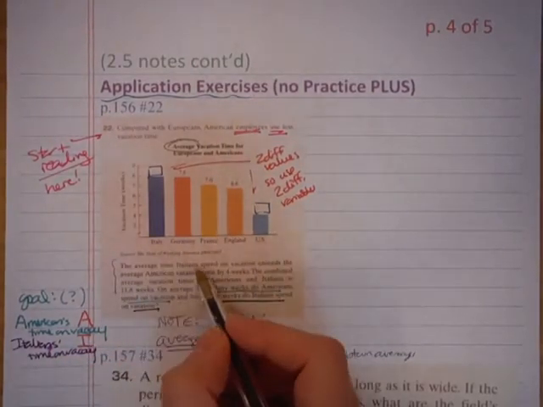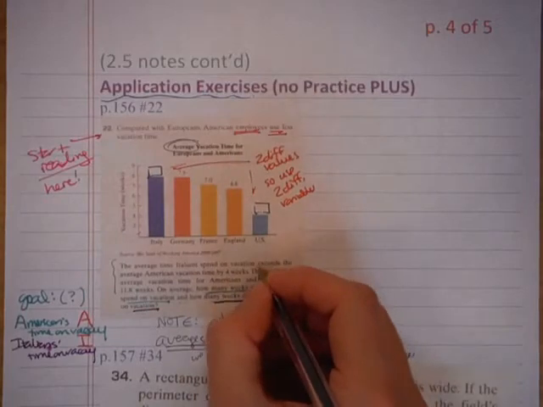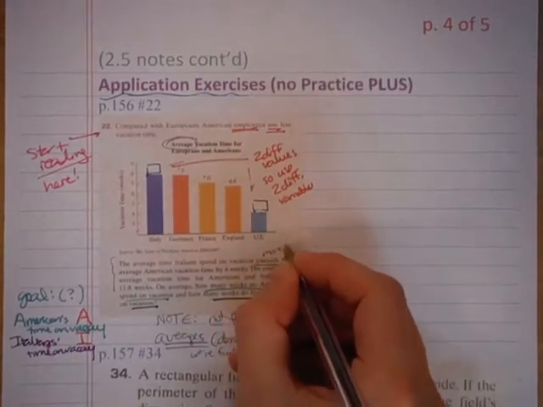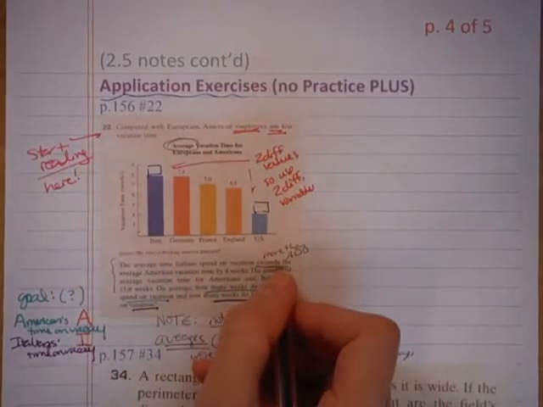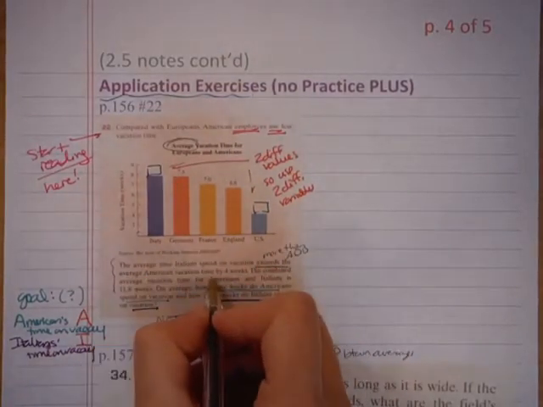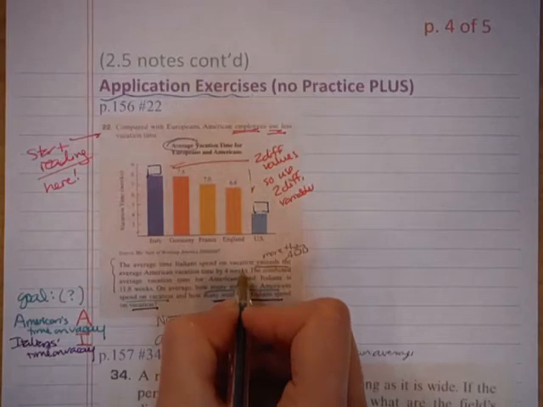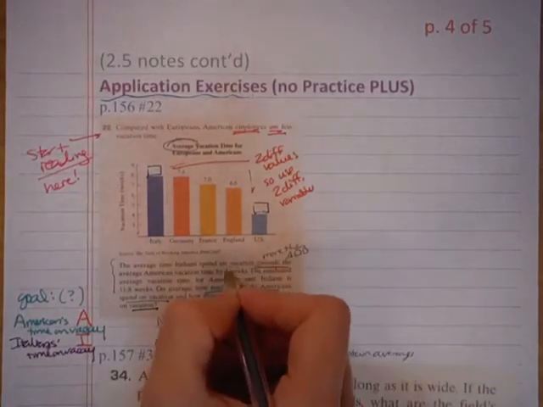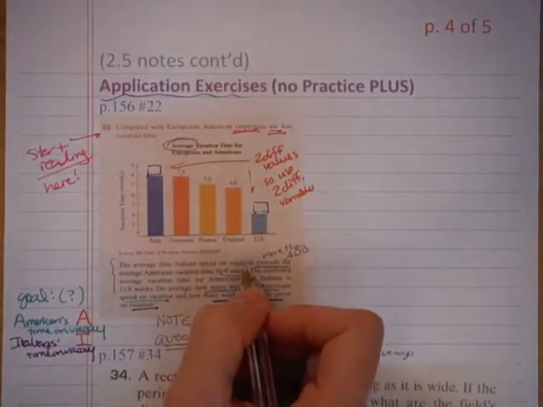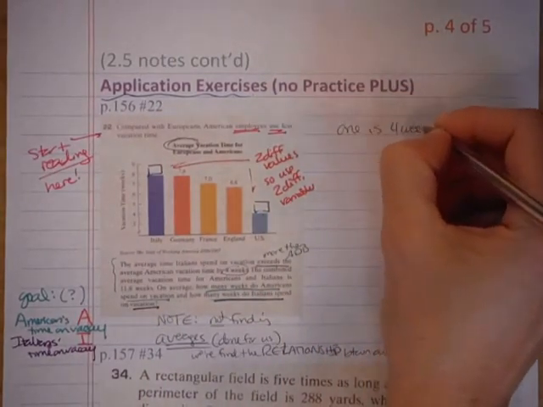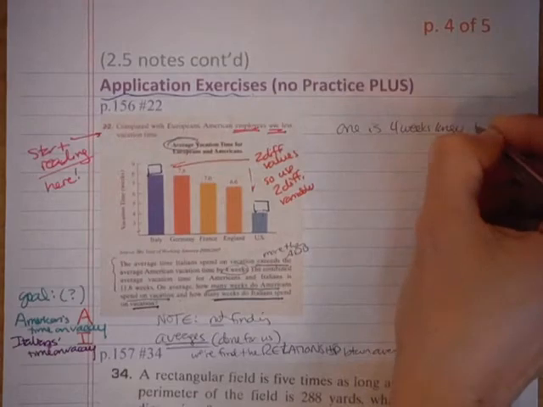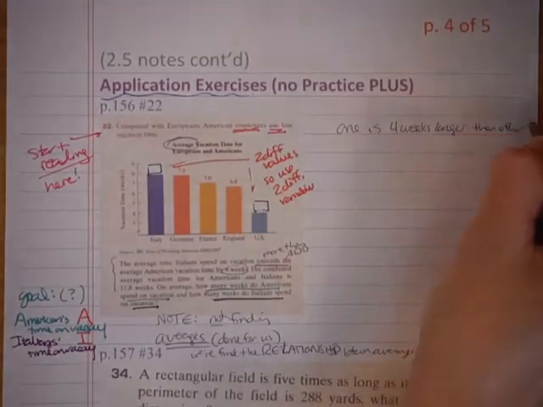It says the average time Italians spend on vacation exceeds, it's more than, that tells me I'm going to add. So the Italians exceeds the average American vacation time by 4 weeks. Okay, so I've got something that is 4 weeks longer than something else. Okay, one is 4 weeks longer than the other.